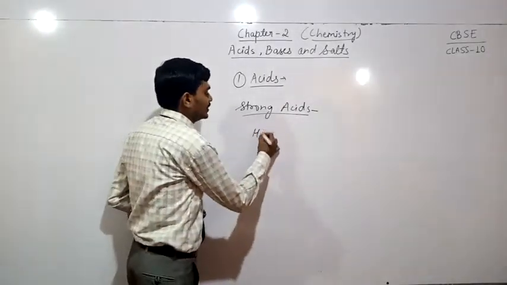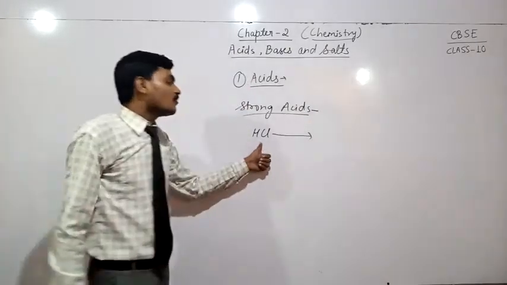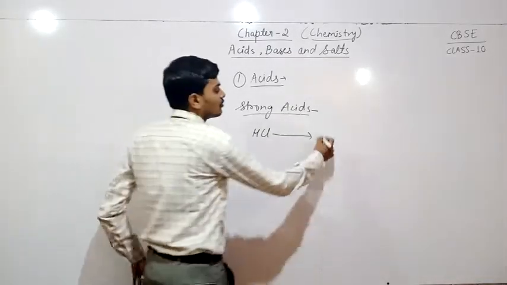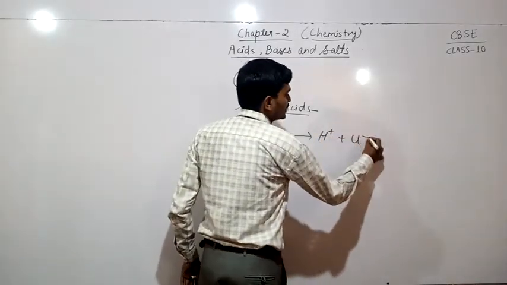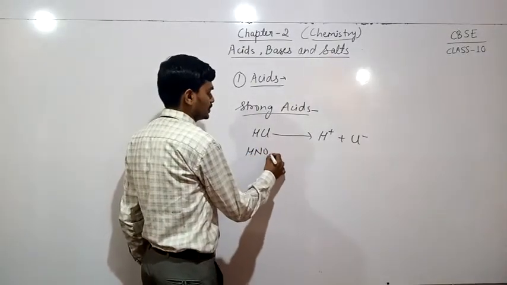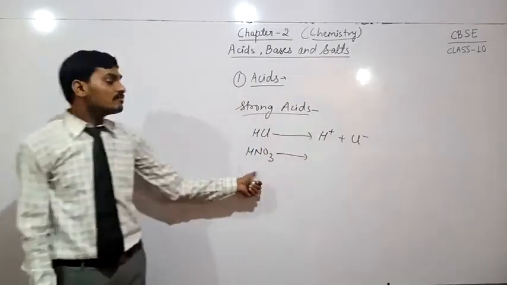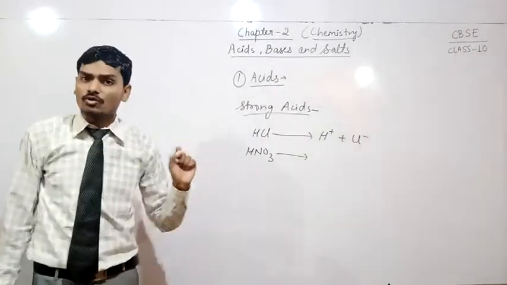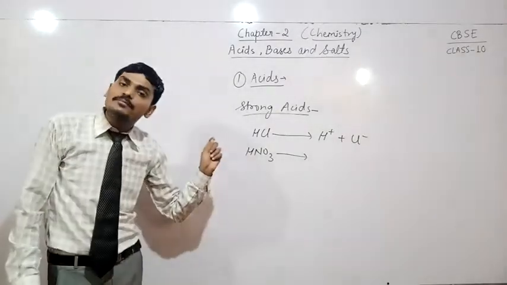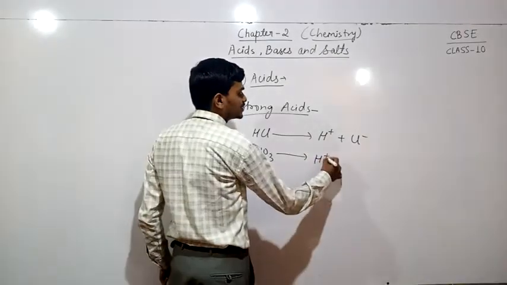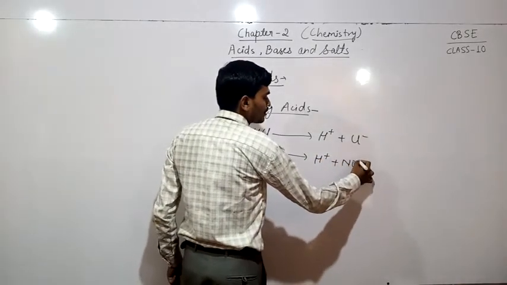For example, HCl. If we form the aqueous solution of HCl, then it will completely ionize in the form of H plus and Cl minus. So this acid is known as a strong acid. For example, HNO3. This is also an example of a strong acid, because in aqueous solution it becomes completely ionized, forming H plus and NO3 minus.